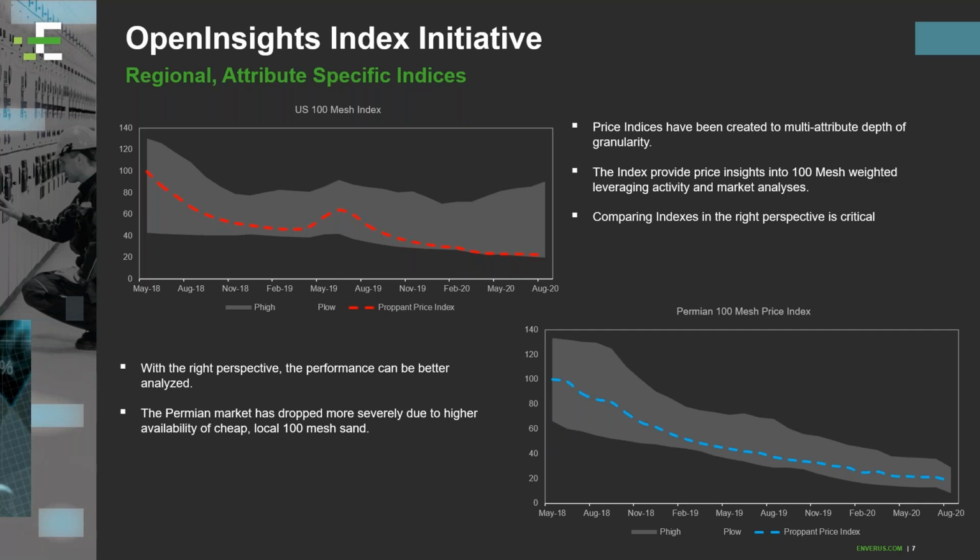On the Permian side, where we see this flood of in-basin sand come in, we've seen a steady downward trend ever since 2018 of that 100 mesh price index.